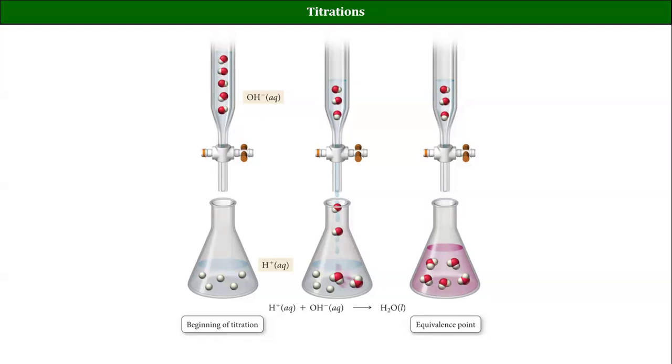You started seeing a little bit of excess hydroxide in that one little area, but as soon as you swirl it around and mix it, you still have enough acid floating around to finish turning it back to being colorless. So as soon as it turns pink and stays pink, we're going to make the assumption that, as long as you didn't overshoot it, as long as you didn't go way past it, those two moles are the same.